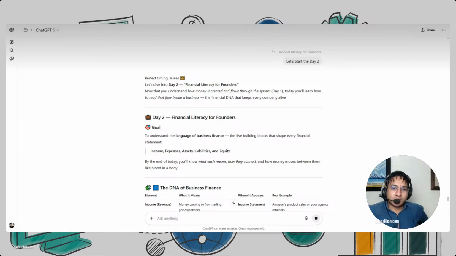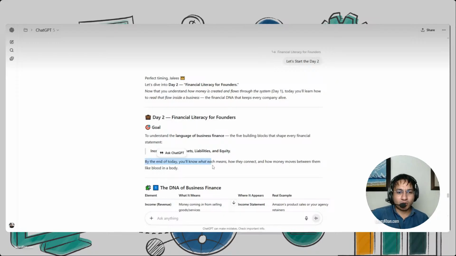Now that you understand how money is created and flows through the system, today you will learn how to read that flow inside a business, the financial DNA that keeps every company alive. Financial literacy for founders. To understand the language of business finance, the 5 building blocks that shape every financial statement: income, what's coming in; expenses, what I'm spending; assets, the system generating the value; liabilities, what I have to pay, which is not mine and is costing me; equity, what is my share in it.